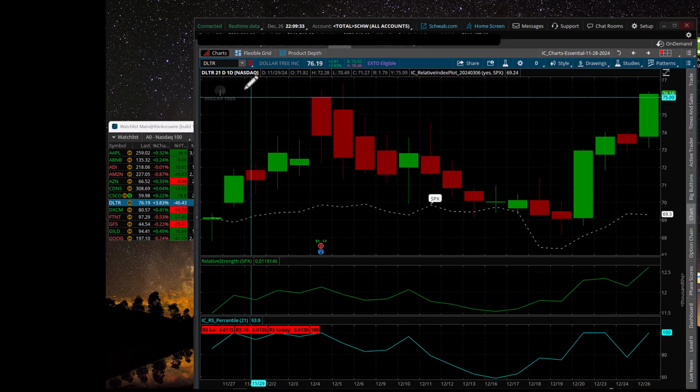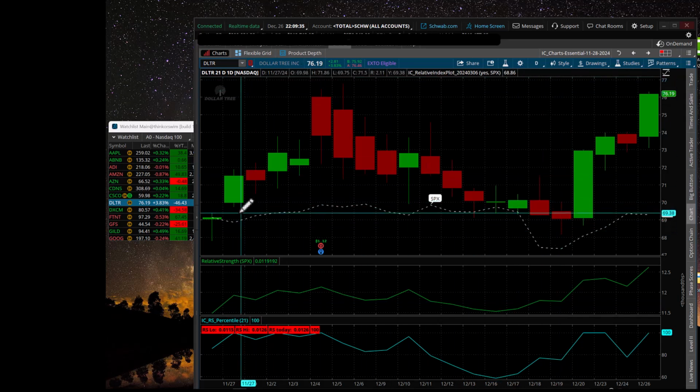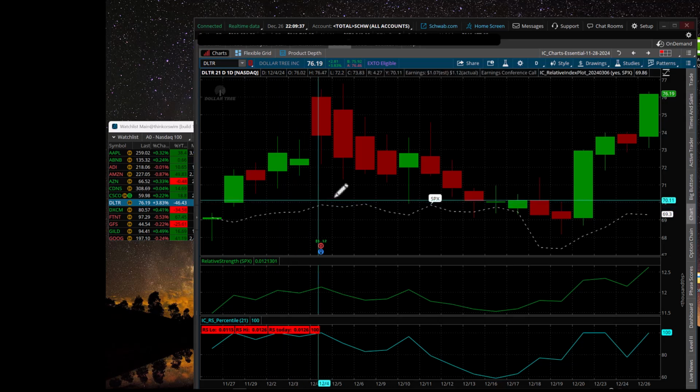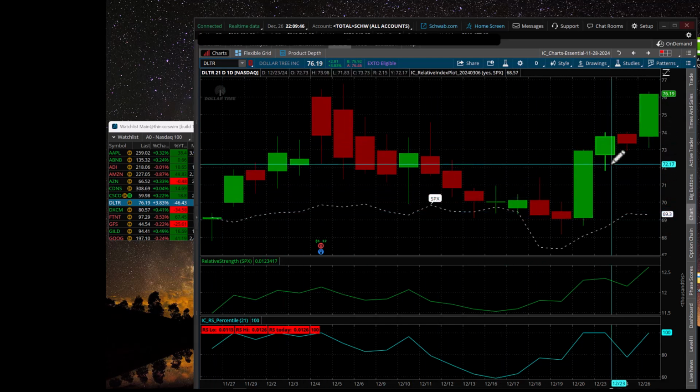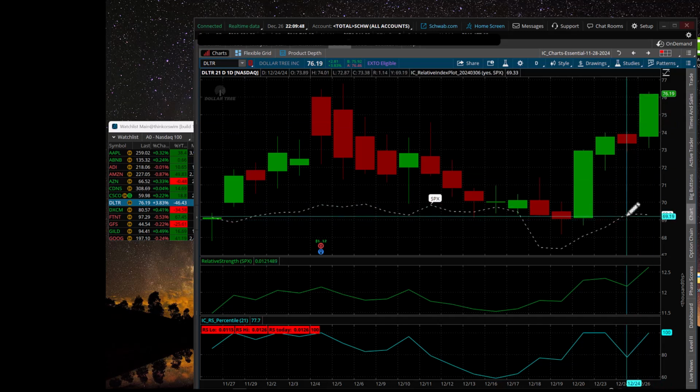For this particular 21-day period, you can clearly see here's the S&P 500. It's mapped into the same scale as Dollar Tree, but you can see that the stock has clearly outperformed the S&P 500 over this 21-day period.